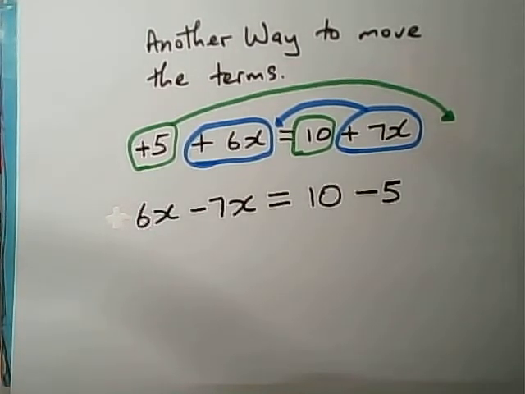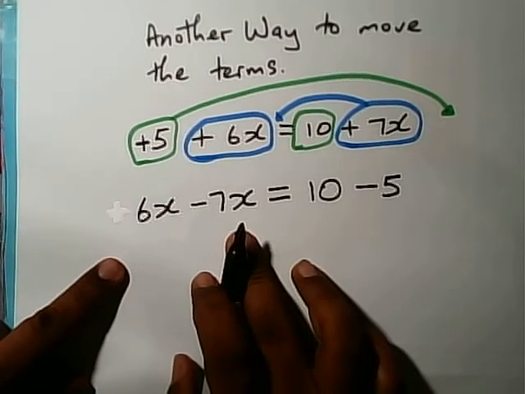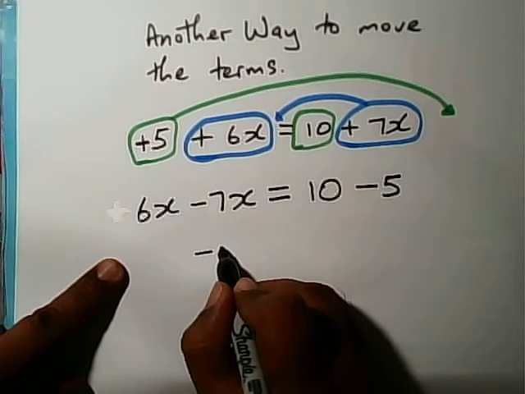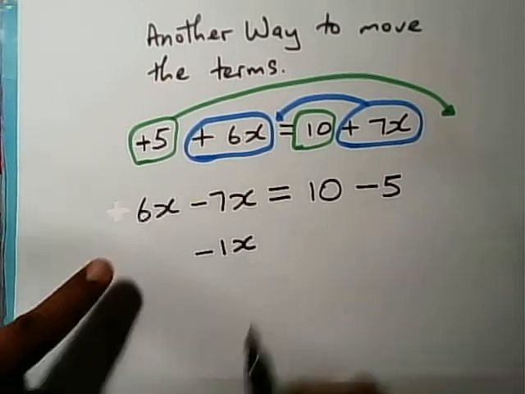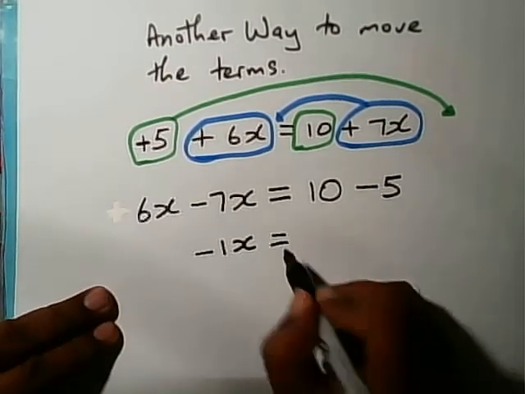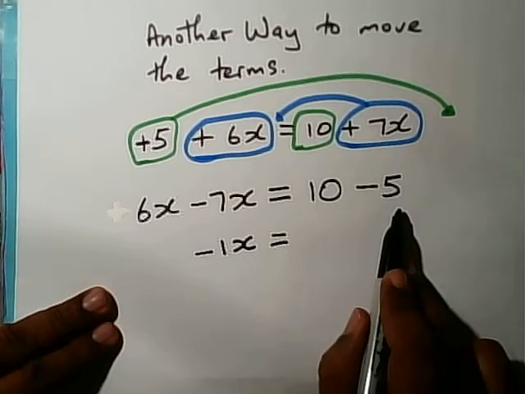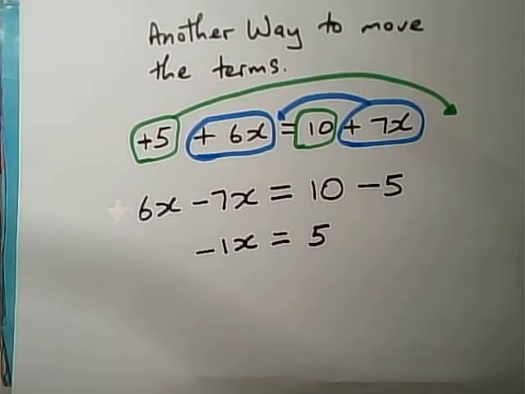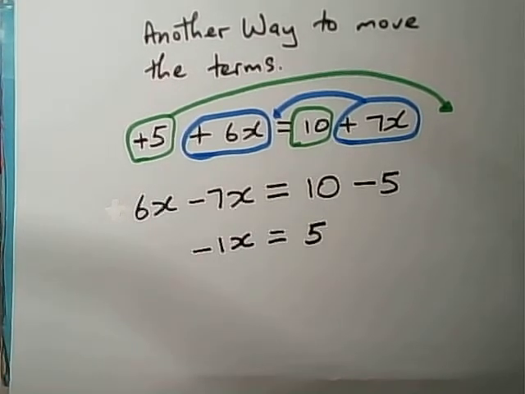Let's work out this now. 6x take away 7x is written as minus 1x. And this here is equal to 10 take away 5, which is a normal 5. We have a problem. Minus 1x.